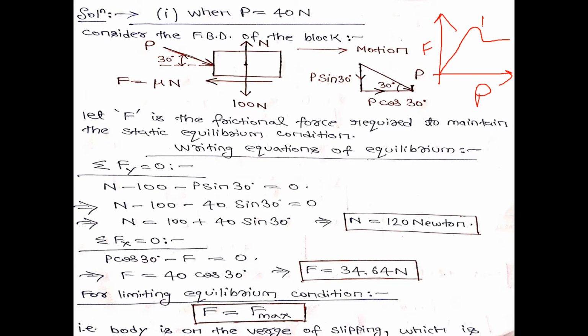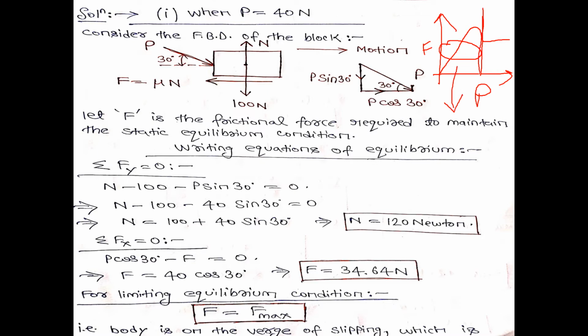And I told you that in the leftmost part, the body will not move. So the relationship between frictional force F and the applied force P will be a straight line. No motion will take place in this condition.